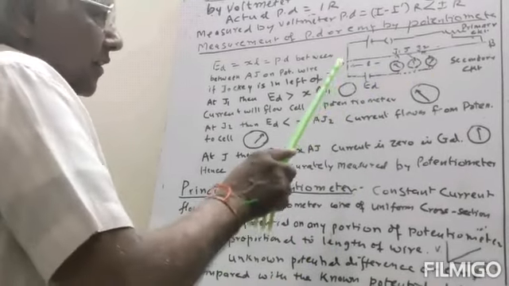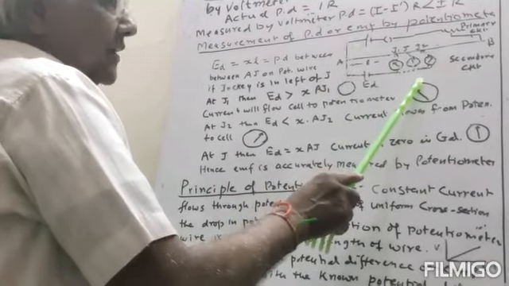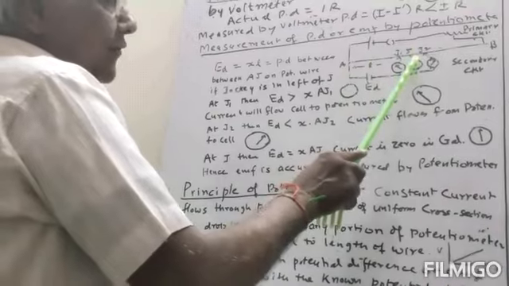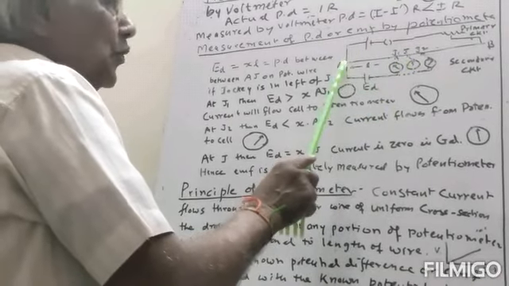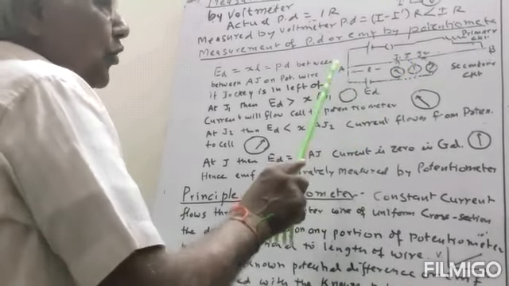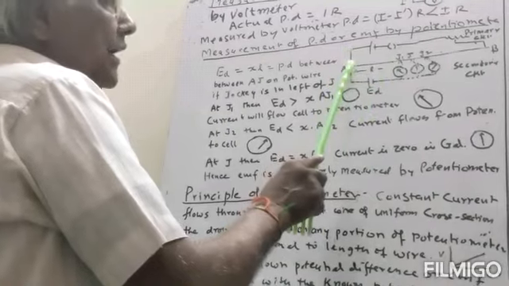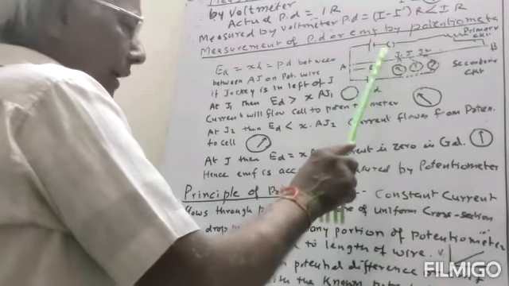So this ED will be the unknown potential difference, and AJ, which is the balance point, gives the known potential difference. The known potential difference will be equal to X into AJ. So ED will be equal to X into AJ, and we take AJ equal to small l.